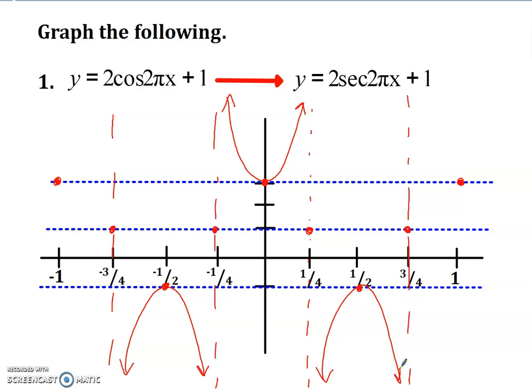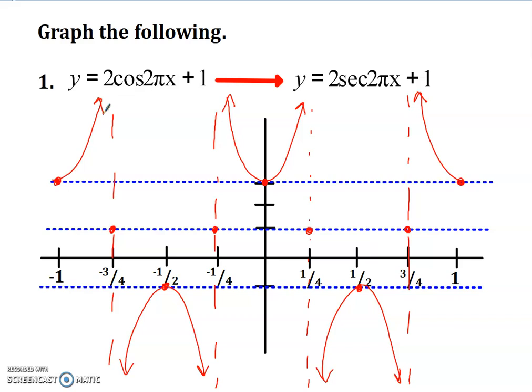We're graphing over 2 periods. For this one right here, we're not going to make a complete parabola. We only want that left piece. And for this point over here, we only want that right piece. You should have a total of 4 parabolas graphed, since those 2 halves will make that 4th. And there is the secant graph.